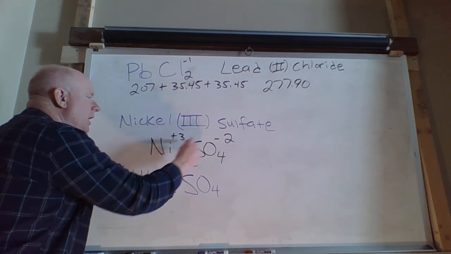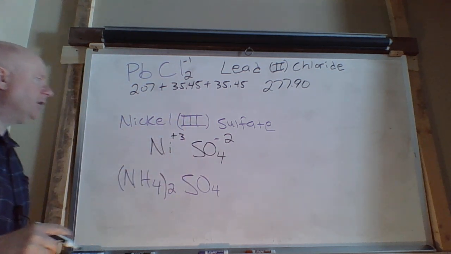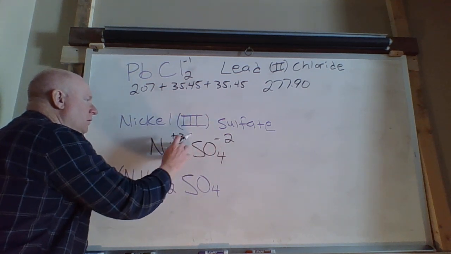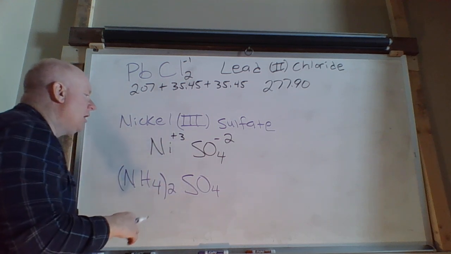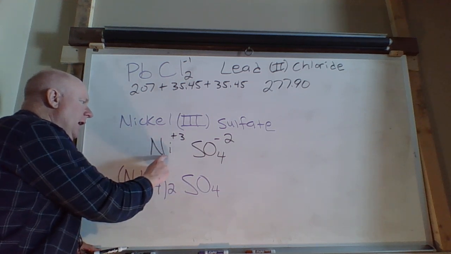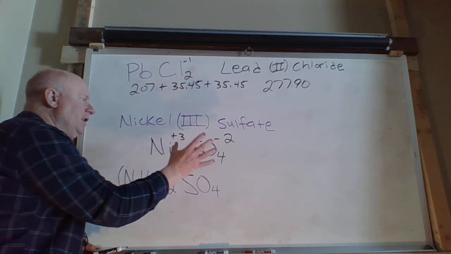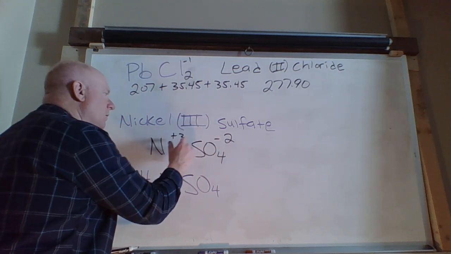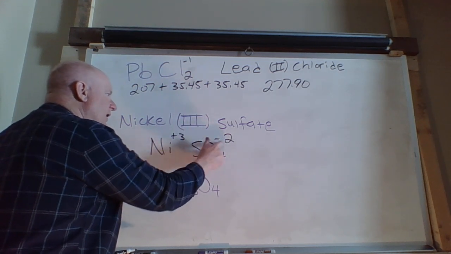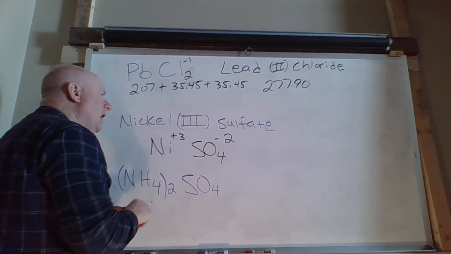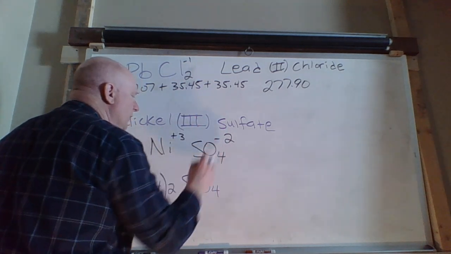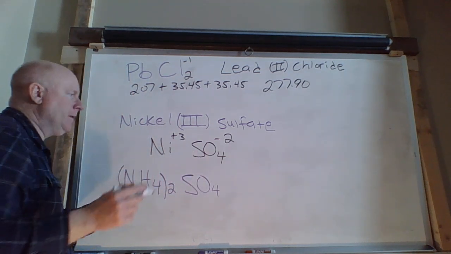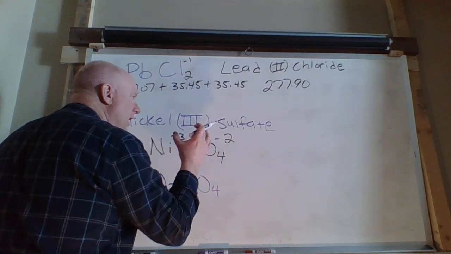Notice that does not add up to 0, so the least common multiple between 3 and 2 is 6. Right now we've got 1 nickel atom and 1 sulfate ion. If we divide 6 by 2, that gives us 3. So we need 3 sulfate ions.